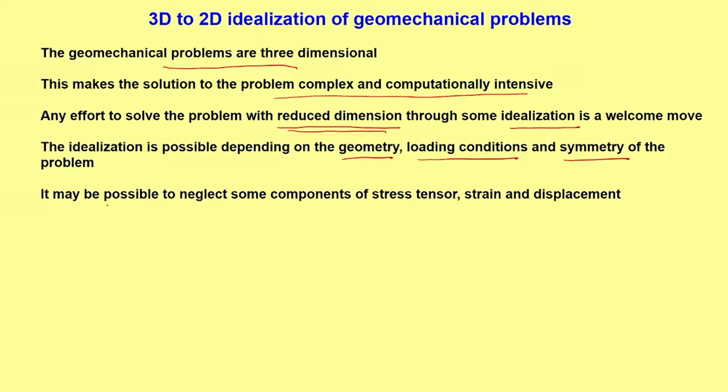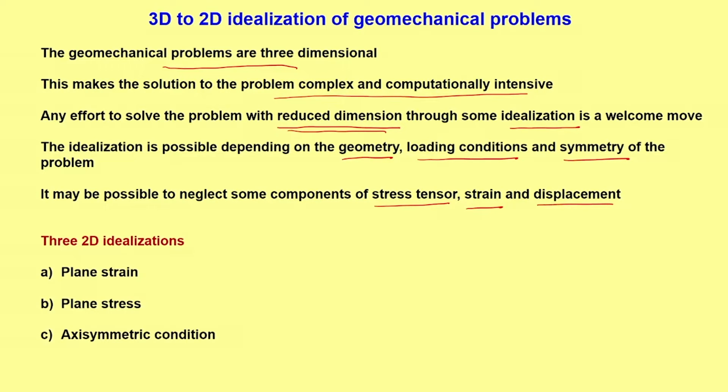How is it done? It may be possible to neglect some components of stress, strain and/or displacement. It is not the whole stress tensor we are neglecting, only some components. So, essentially the 2D idealizations considered in geomechanical problems are plane strain, plane stress and axisymmetric condition.